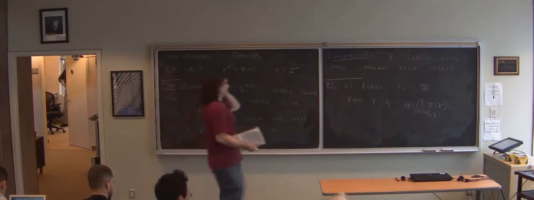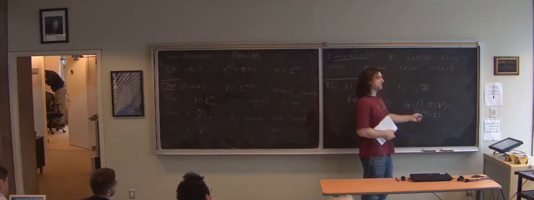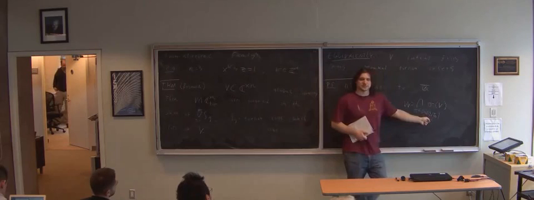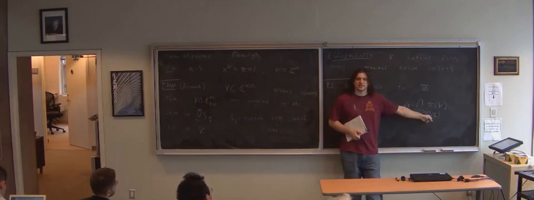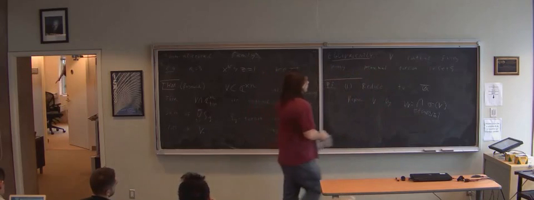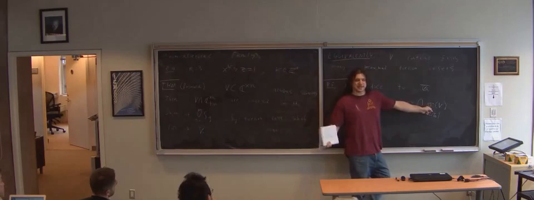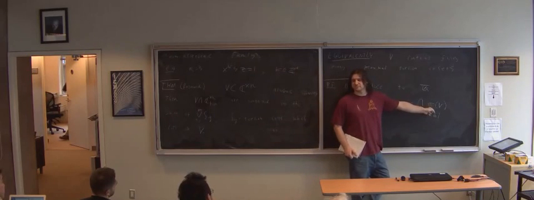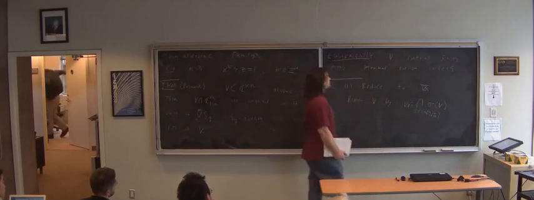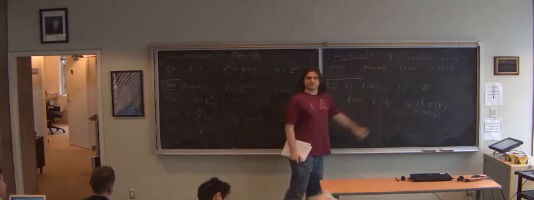This is the more high-powered way to say it. If you have any torsion points inside V, they'll certainly be inside sigma of V for all sigmas, because these sigmas leave your torsion points alone. They're all inside Q bar. And what I mean by sigma of V, just like before, is take a bunch of polynomials that cut out V and apply sigma to all of them. That'll give you sigma of V, containing exactly the points which are sigma of the points in V.